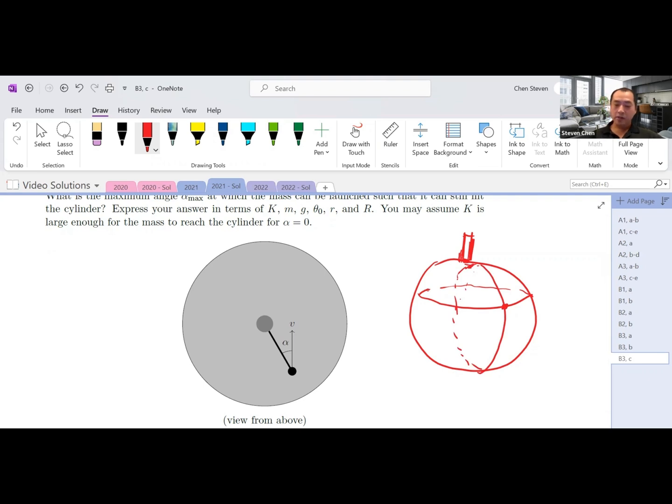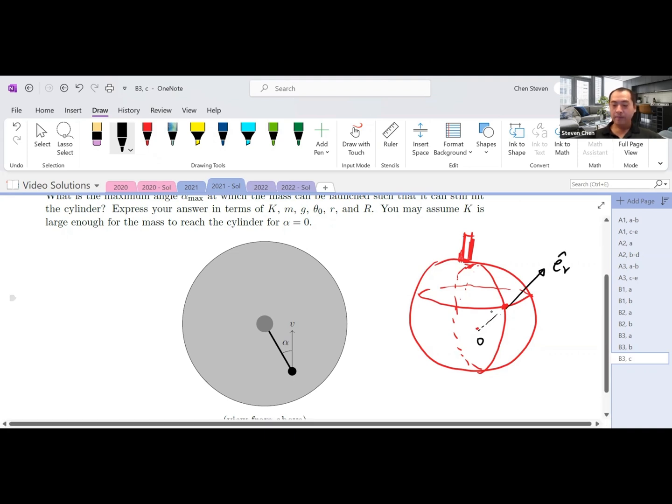So what is the velocity? This is the center, right? So let's first draw the spherical basis. We know this is E r, right?